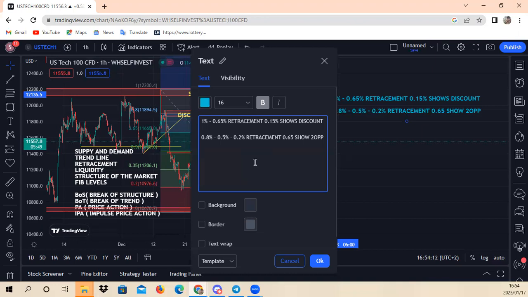And then after it moves from the 0.65%, it will go to like the 0.0, and that's where we will end up having our full trade.